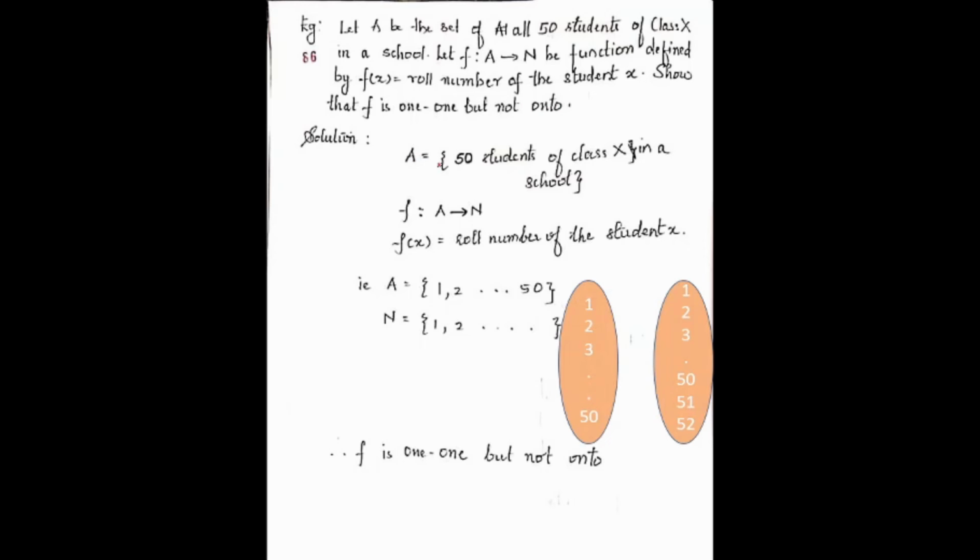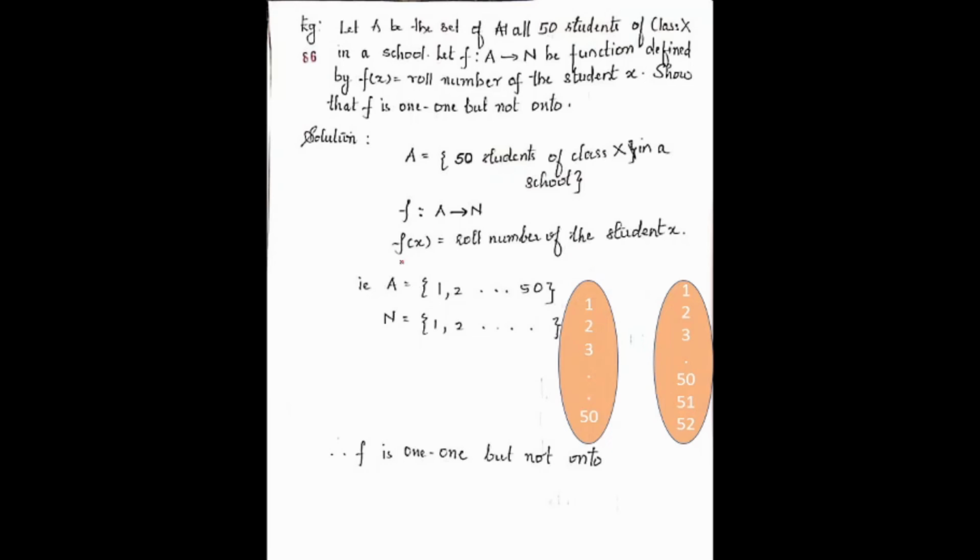A is the 50 students of class 10 in a school. What is the function? A to N. What is f of x? The roll number of the student x. Roll number of Ali, roll number of Sham. Getting it? f of x is equal to the roll number of a student.